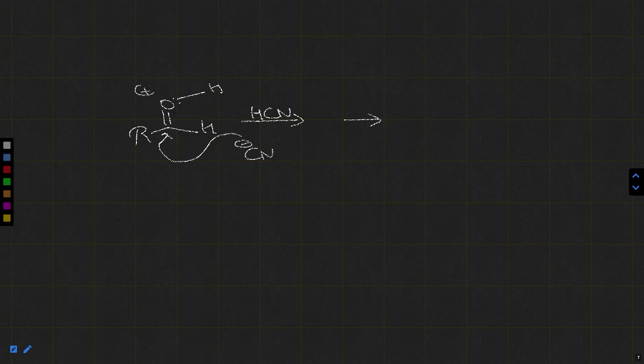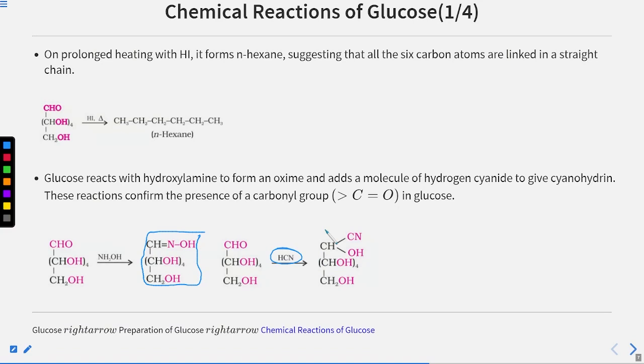This will have a positive charge because of the removal of electrons, and now the pi electrons will move onto this oxygen to neutralize the positive charge. This will create R, CH, OH, CN. So this will be the formed product, or we can write it in this way also, RCH(OH)CN.